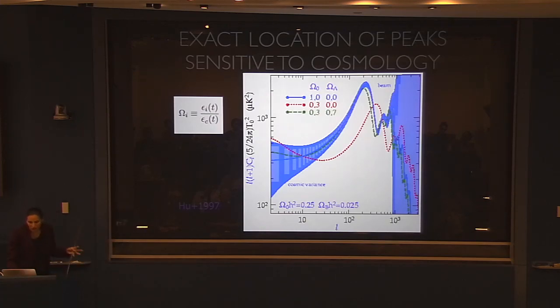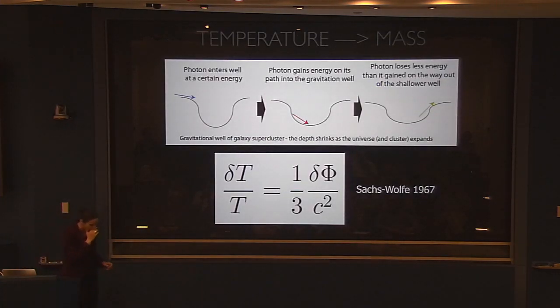So this issue of the anisotropies is very important, but temperatures are one thing, but if you're really a Newtonian kind of person, not really a quantum person, then mass is what you care about. So I think the nicest way to think about the CMB fluctuations in terms of mass fluctuations is the Sachs-Wolfe effect.